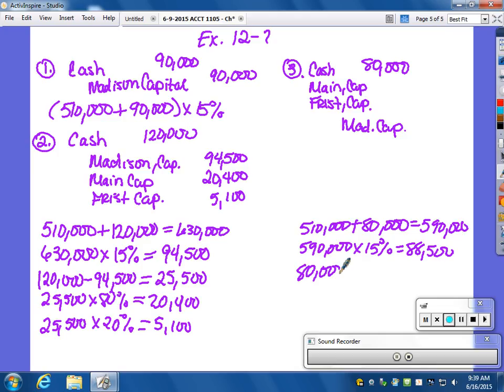80,000 minus 88,500 equals how much? Negative 8,500. And that 8,500 times their ratio of 80% first is going to give us how much? 6,800. And what about 8,500 times that 20%? 1,700.